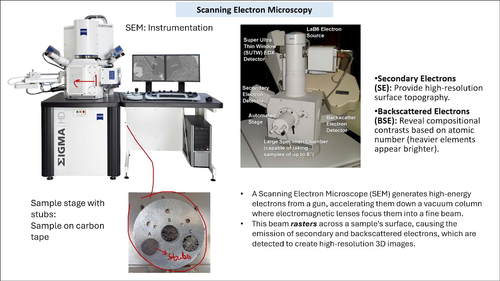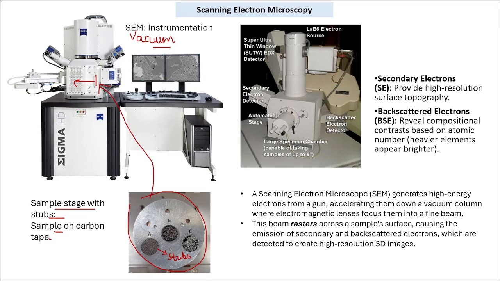This whole thing is put inside. When you open the door, there is a stage, you put this here. Now you close the door and you make vacuum. You give the command for creation of vacuum, because this scanning electron microscopy detection happens in a vacuum environment. So: sample stage with stubs, sample on carbon tape.